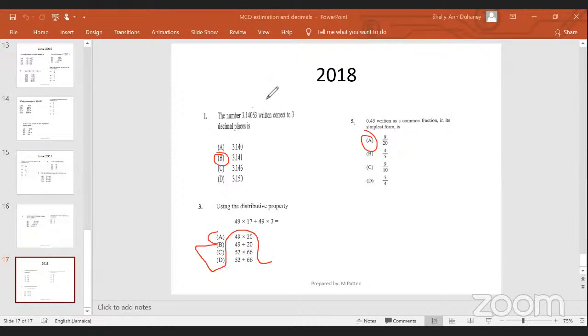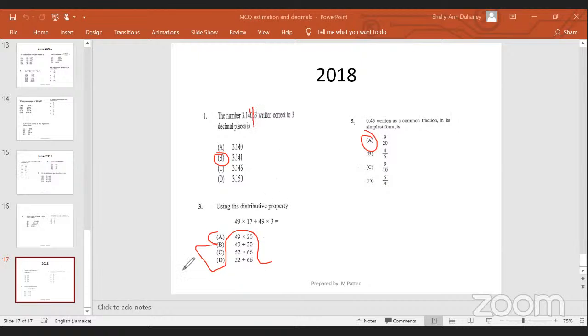It's 3 decimal places. So we count 3 places after the decimal: 1, 4, and 0. So we cut off here and round off. Behind the 0, we have a number that is greater than 5. So when the number is 5 or more, we round up. So I put a 1 here. It now becomes 141. So it is 3.141. Yes, Miss.